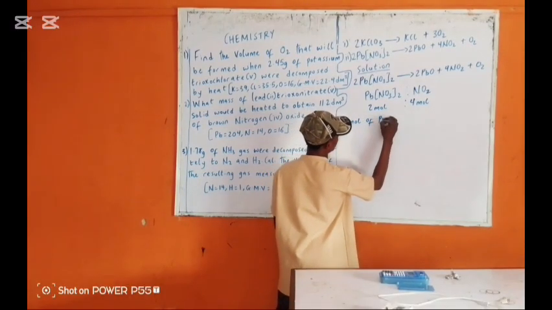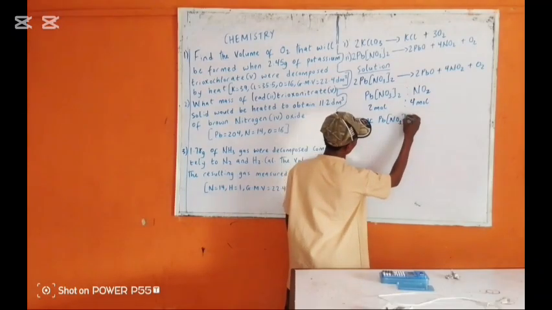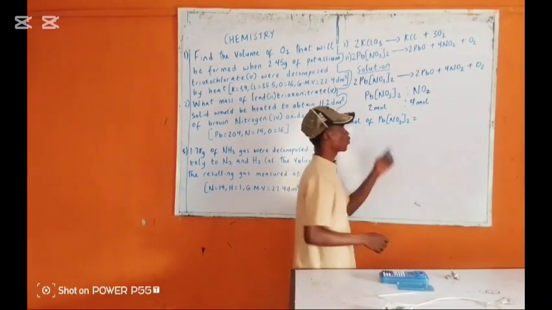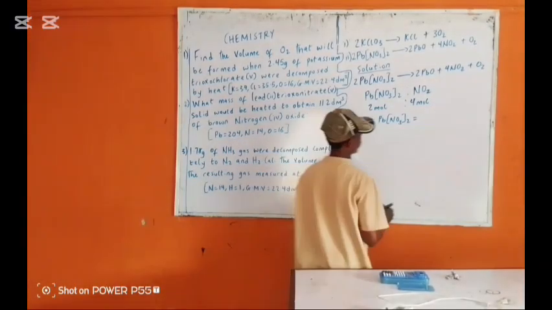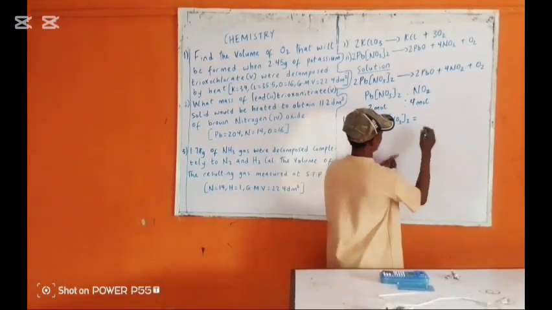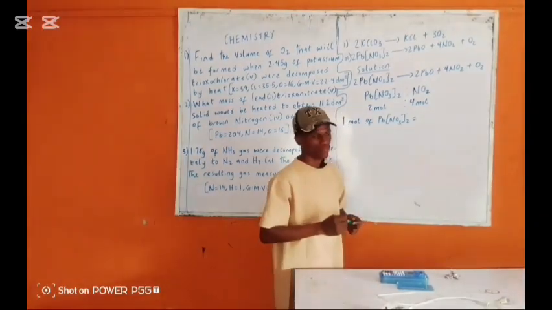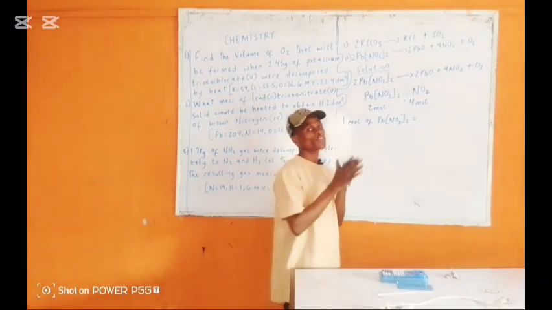So 1 mole of lead 2 trioxonitrate 5 weighs what? So what's the value of lead? Lead is 204. Before anything, to make the work easier, just first of all open the bracket.